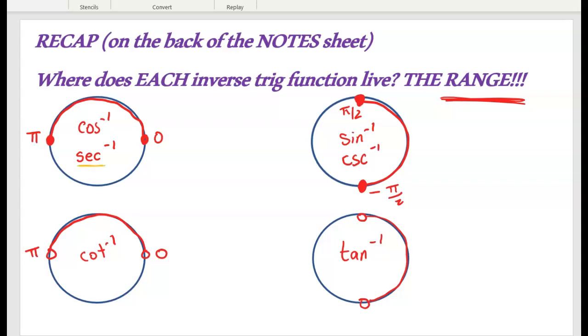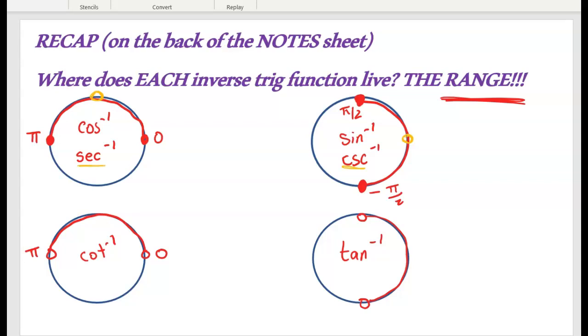Secant and cosecant have those undefined values. So just kind of be careful with that. Meaning you will never get pi over 2 out of secant because cosine of pi over 2 is 0, so secant of pi over 2 is undefined.